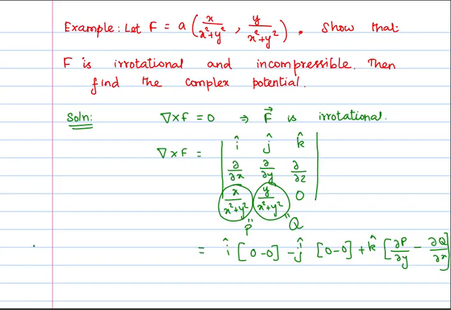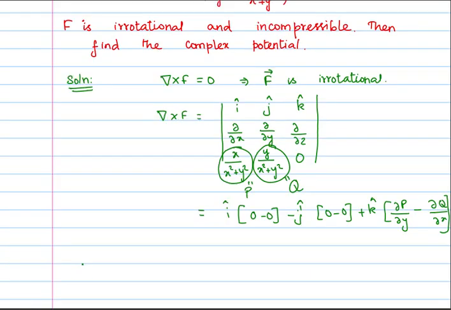First I want to calculate del P by del y. With x square plus y square the whole square in the denominator, u is independent of y so the first term is automatically 0, minus x times the derivative of the denominator, that is 2y.